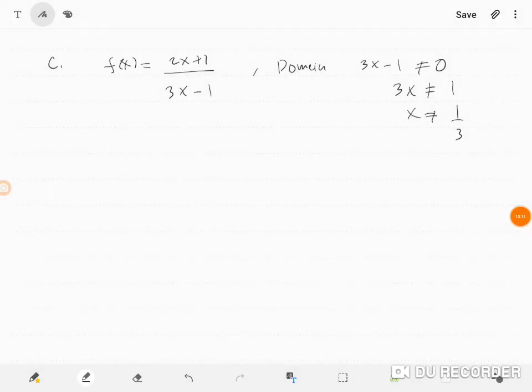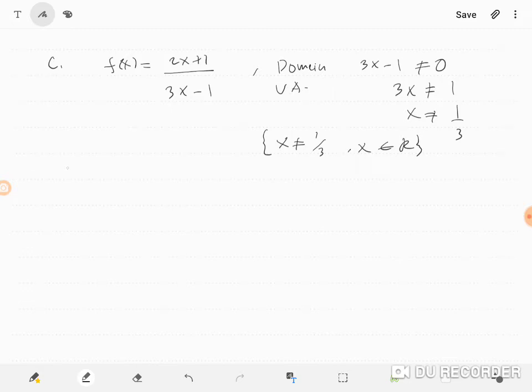So for the domain, it means x not equals to 1 over 3, x element of real. So you remember, to find the domain means you find the vertical asymptote. What does vertical asymptote mean? The denominator not equals to 0.